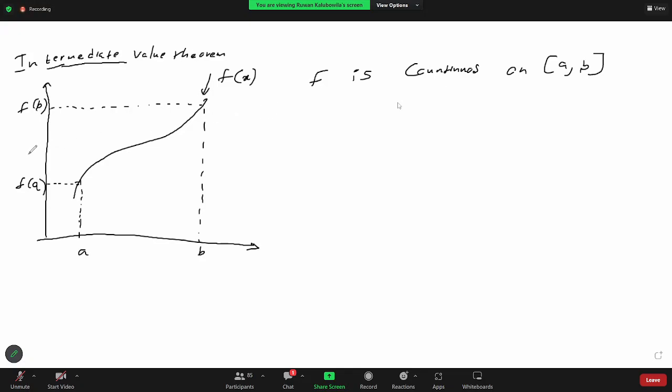Then let's define another value at this point called K. Say K is between F(A) and F(B). That means K is within the range of F(A) and F(B).